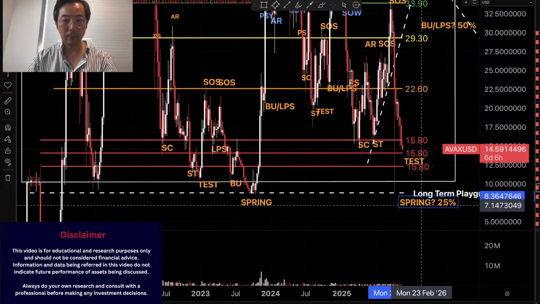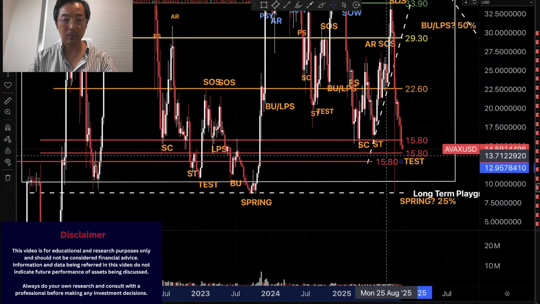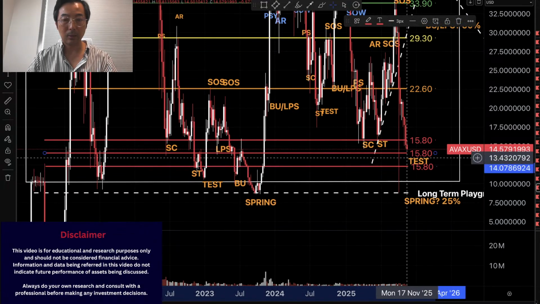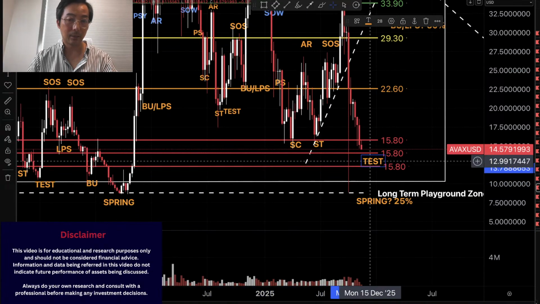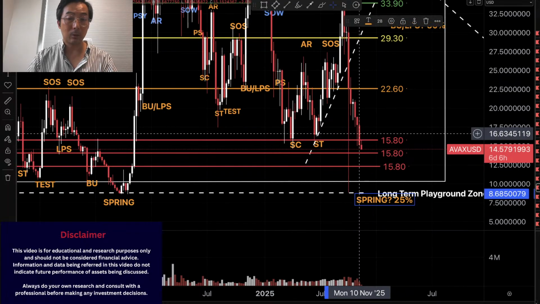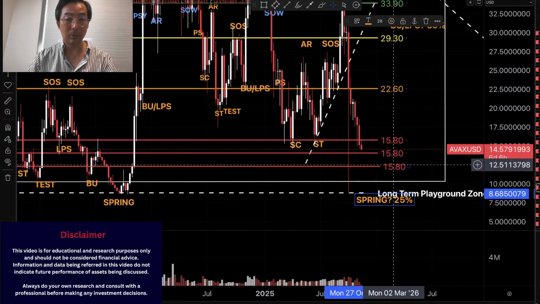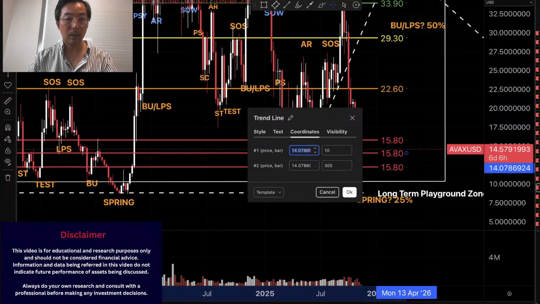I'll move the spring, park it down here for the moment. The test is confirmed, just that we don't know how deep the test would go, or that actually is the spring, so we can delete it, because last week it was still above the red key level, so that's why we have that test over there.